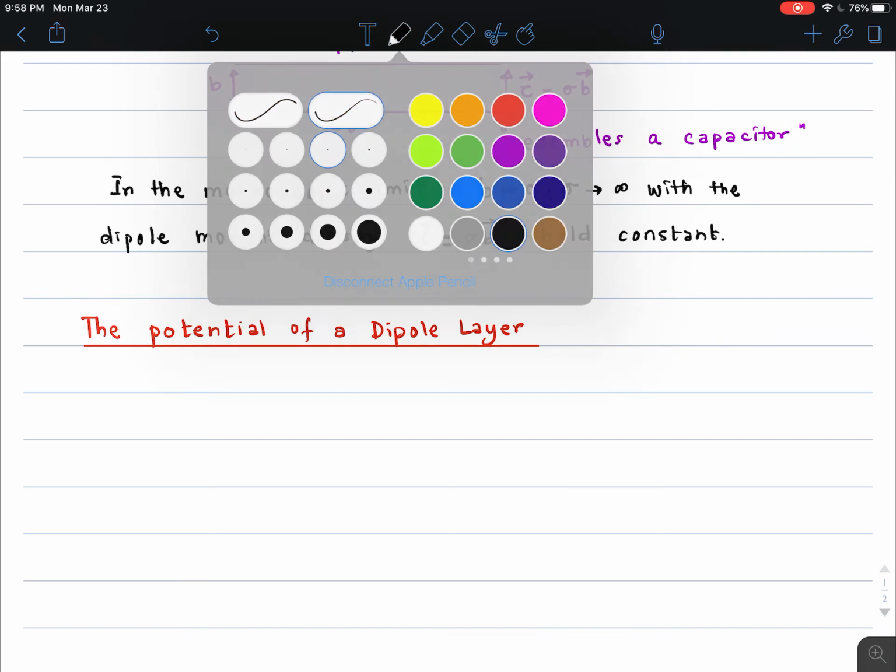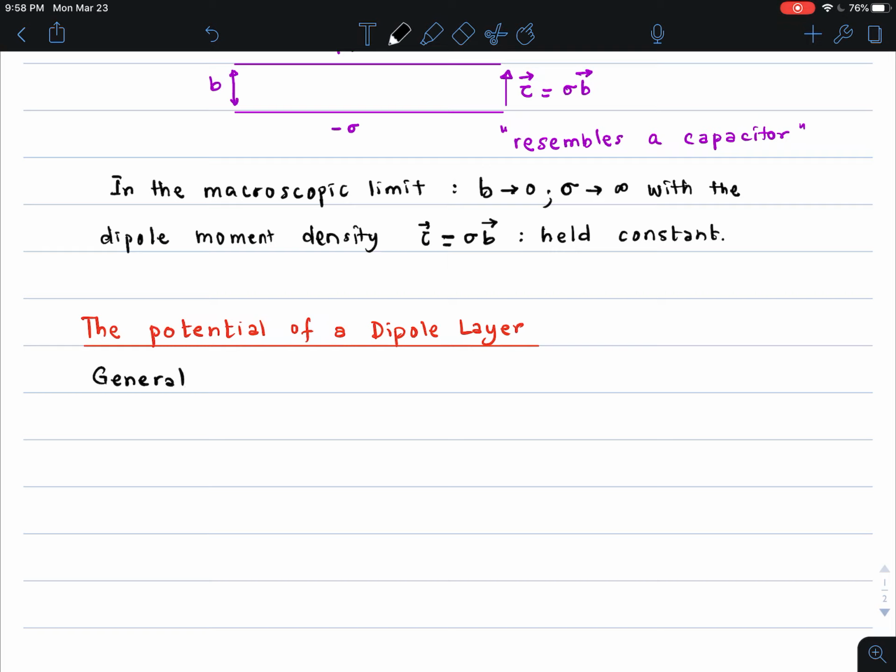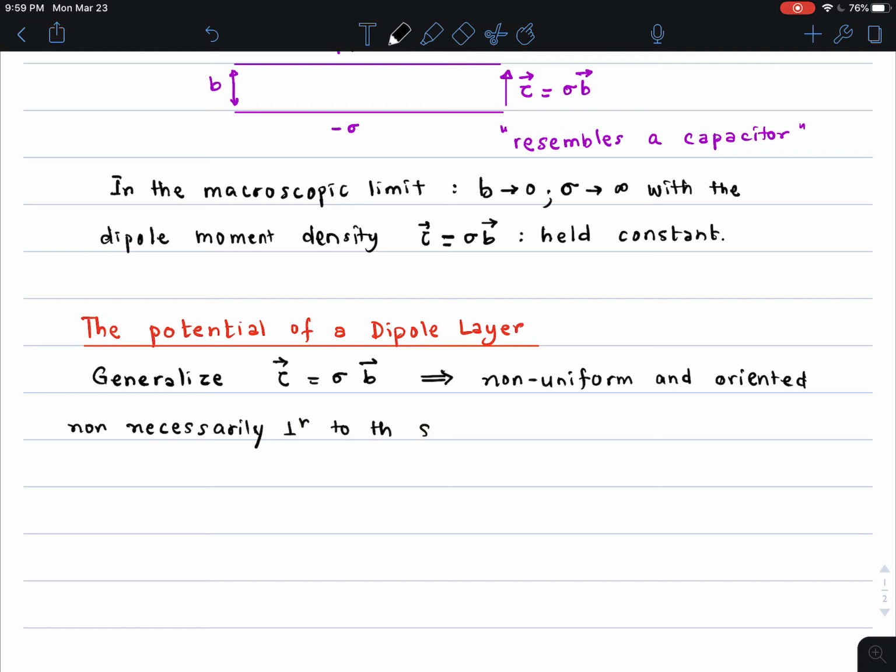We also want to generalize, so the first step we need to do is generalize the tau, which was given by sigma times b, into a situation where you may have a non-uniform and oriented, not necessarily perpendicular to the surface, orientation of the dipole.